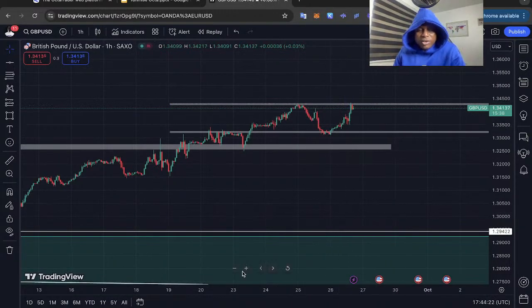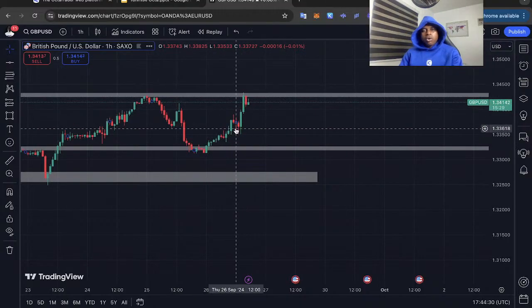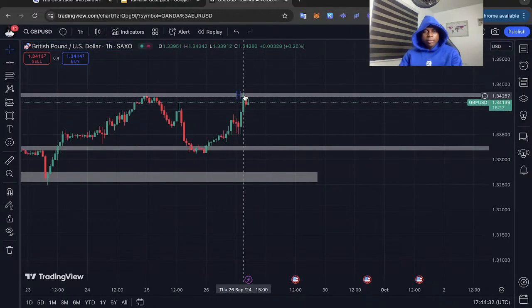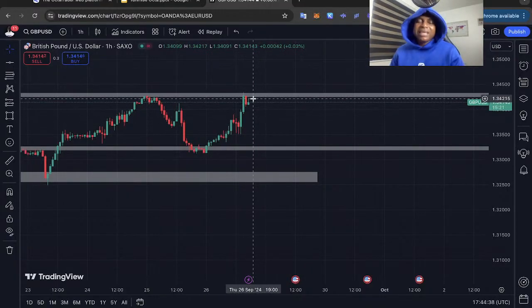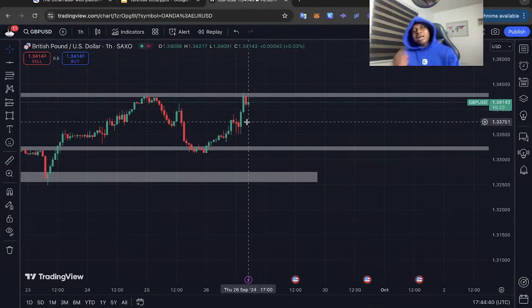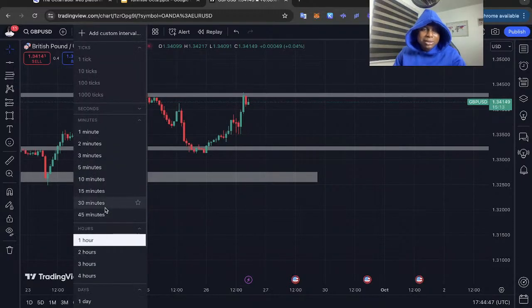We can see here that after a long upside momentum, there is a little retracement going on. But this might not be the final picture if you are looking to catch short-term opportunities. So from this 1 hour time frame, we're going to go down to the 30 minutes time frame.